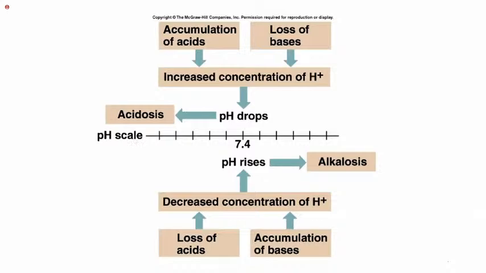If, on the other hand, you've got excessive loss of acids, for example, you're vomiting a lot of the HCl, or you're accumulating too much of the bases, this leads to a decreased concentration of the hydrogen ion. Your pH will rise, and now we call this alkalosis.